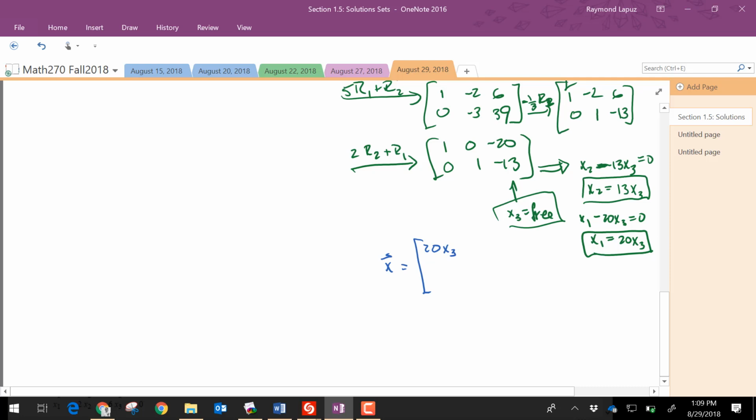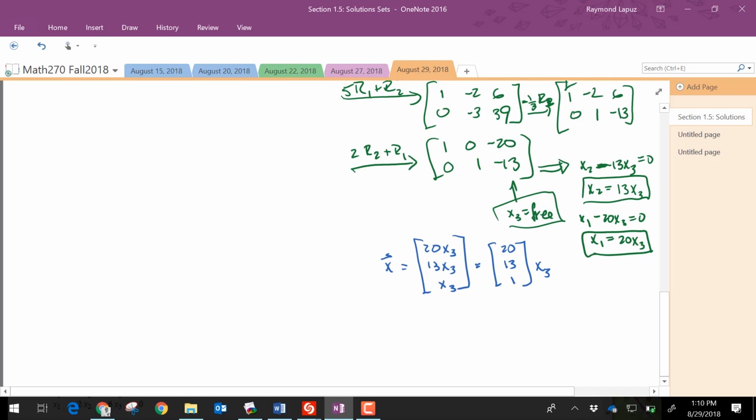Our x2 will have 13 times x3, and our x3 is free. It's just x3, right? And x3 is common to all these components, so why don't we just factor it out and look at it as a scalar multiple of 20, 13, and 1.